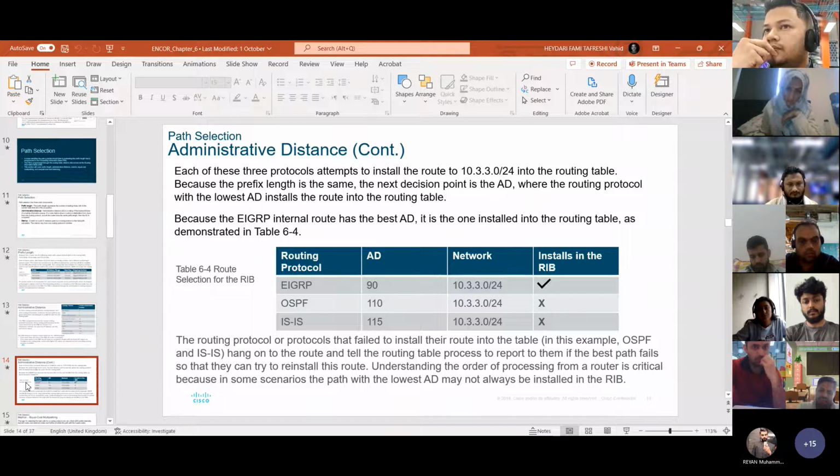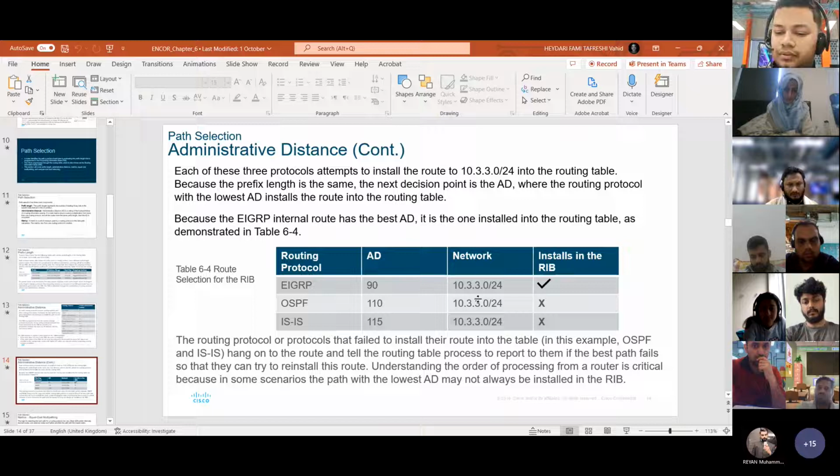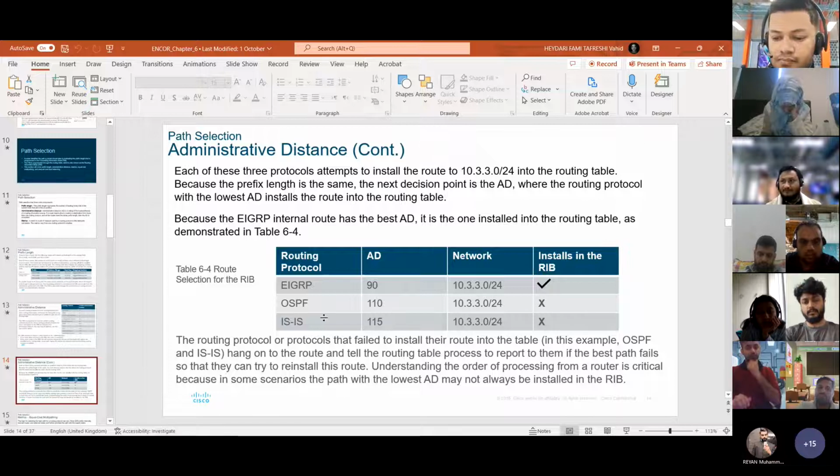Another example with administrative distance, just pay attention to the table. Whenever we are talking about administrative distance, we always need to talk about the same remote destination, but different routing sources.